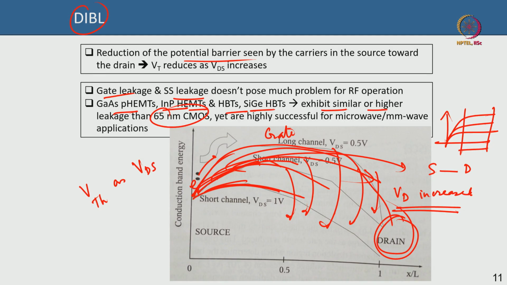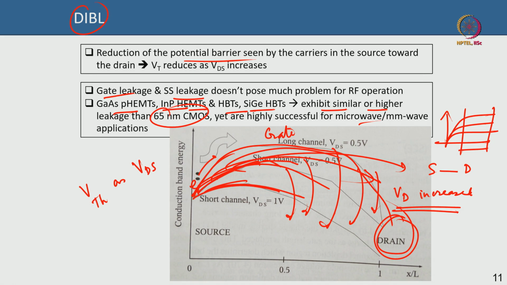But these devices are enormously successful in microwave and millimeter wave applications, strategic sector, wireless communication, etc. So, the leakage that you can see in a highly scaled 65 or 32 nanometer CMOS platform should not be much of a worry, because it is similar or higher to that of compound semiconductor devices.